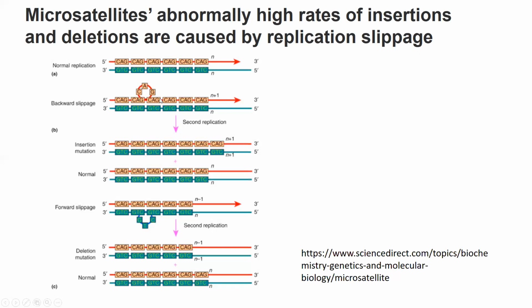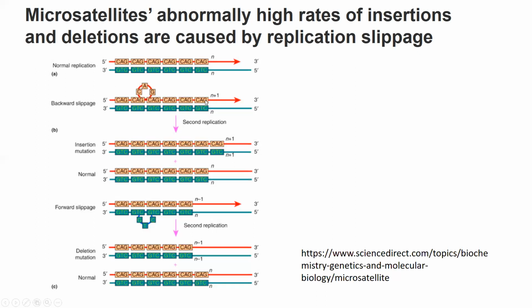If it slips backward, the CAG, instead of being at its correct position, slips backward and forms a bubble here, then realigns to the repeats and completes the replication. It will generate a new sequence with 6 + 1 repeats.